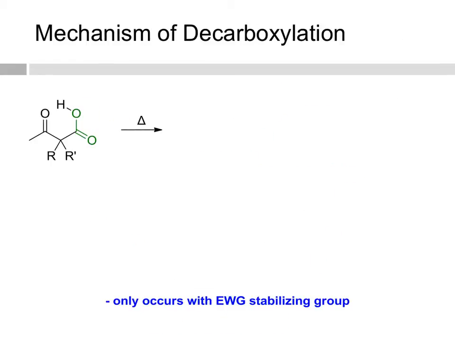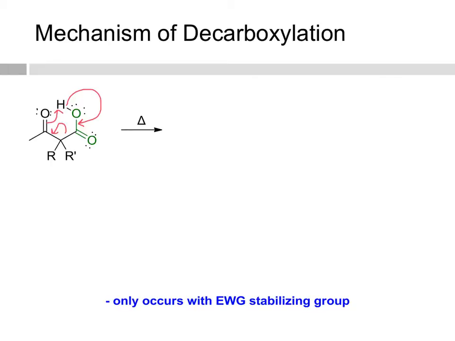Now let's look at the mechanism of decarboxylation. Under strong acid and heat conditions, we're going to expel this carboxylic acid out as carbon dioxide. So in that case, we can draw our lone pairs in, and we have this bond kicked down. That's going to form carbon dioxide, which breaks this bond, and this oxygen is going to grab that proton.